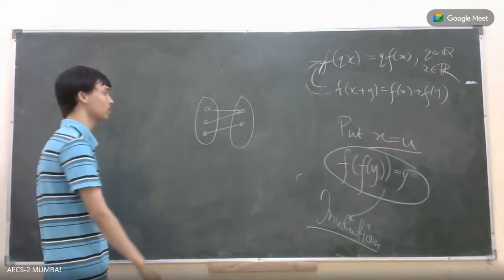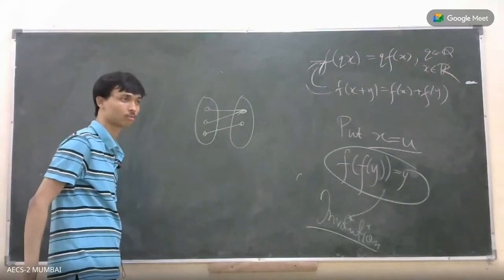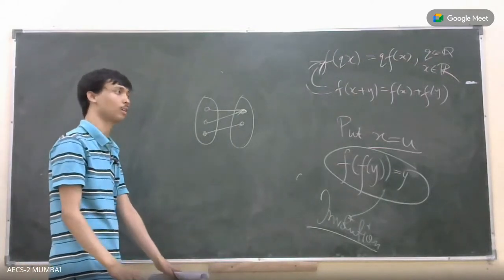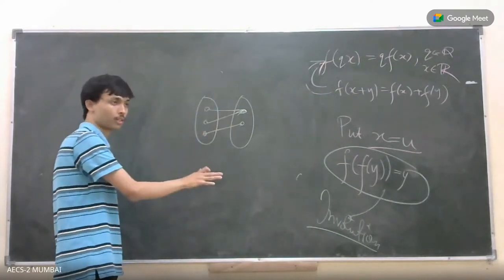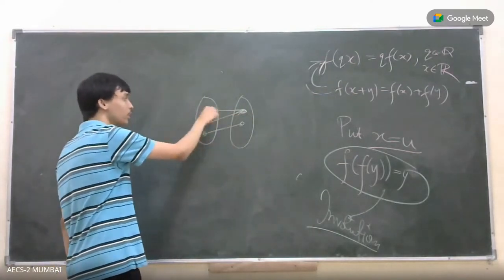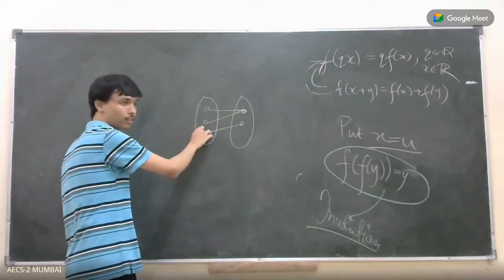You can't, right? Because where will you send this element? Here or here? So the first condition for an inverse to exist is that the function should be injective. Because if it is not injective, you cannot decide where to send this.